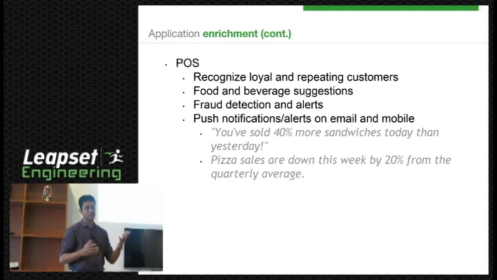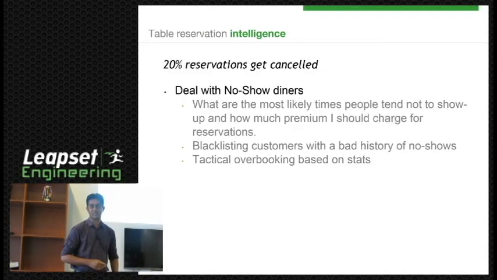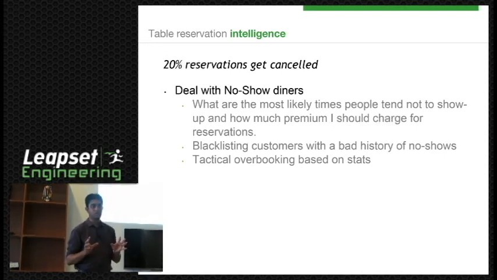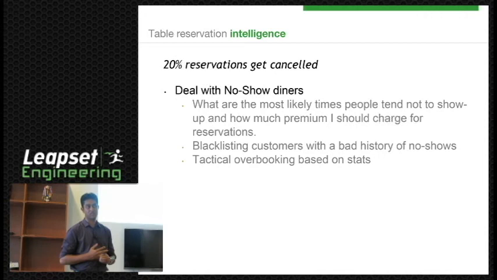So now that we are in the table reservation space with Bus Table, we can build table reservation intelligence, right? According to research, 20% of table reservations get cancelled. So for restaurants, tables are their real estate. You can deal with no-shows.